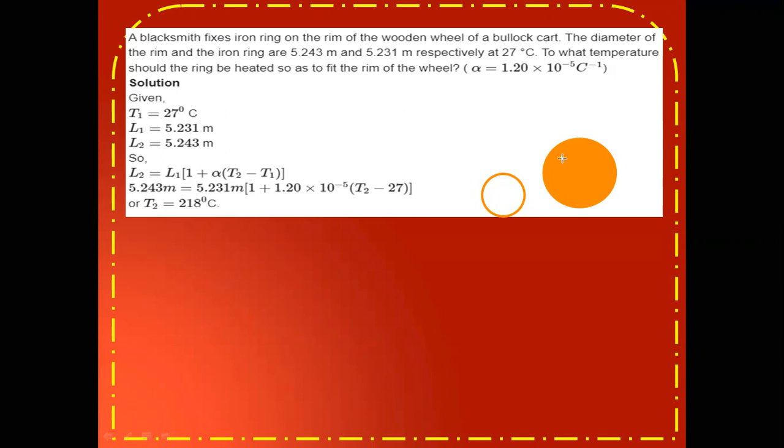So this is the wooden wheel only, and it is the ring only.